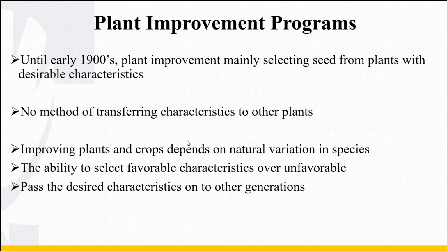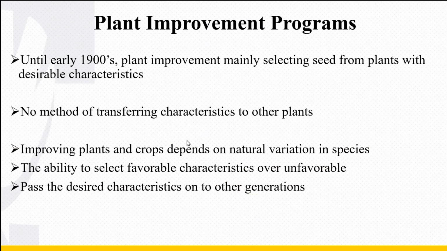Most of that plant breeding came from, as I mentioned before, finding plants that had favorable characteristics that we would keep, making sure that we take the best of those crops. But something they didn't have was how to transfer those characteristics to other crops.